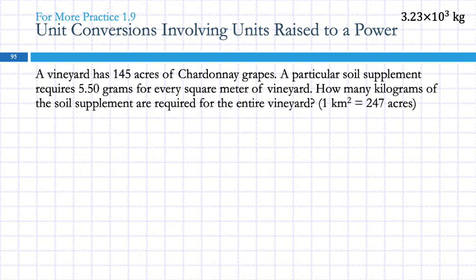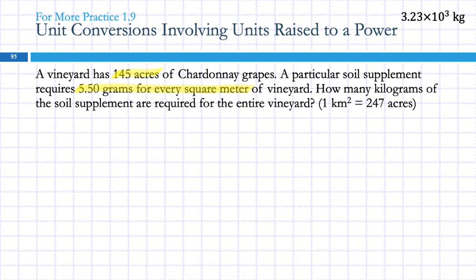Okay, so the trick is taking all of these words, the story, and making it into a math equation. So we're just going to apply that strategy. We read the problem. Now I'm going to highlight the numbers. So we've got 145 acres. Do we care what kind of grapes? No, we don't. And here I have 5.5 grams for every square meter.